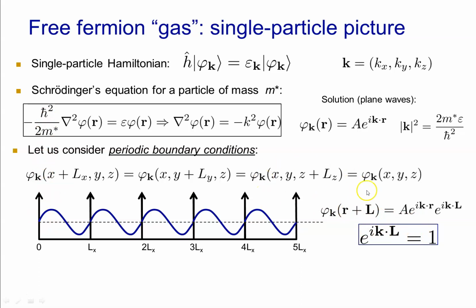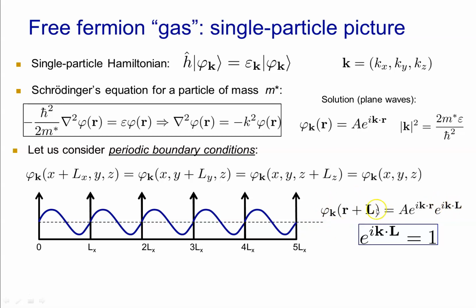So if I do that and I look here, what I'm telling you is that if I have a displacement capital L, which is just a vector in real space with components Lx, Ly, and Lz, that means that this has to be equal to the wave function at R, right? So if I have this plane wave solution and I displace R by L, what I gain here is a phase, e to the i k dot L.